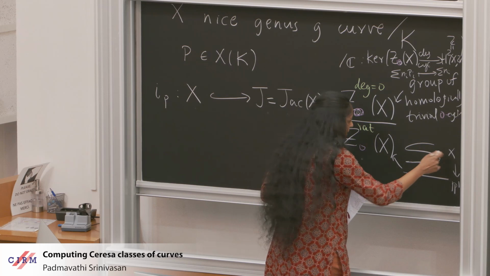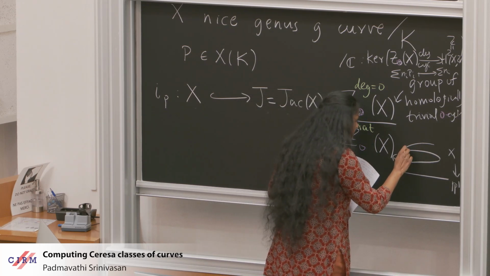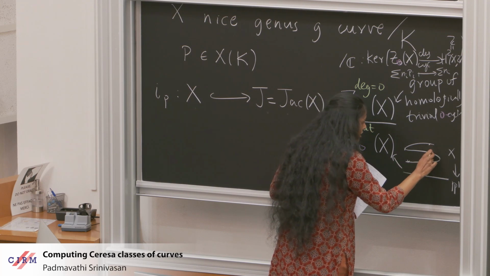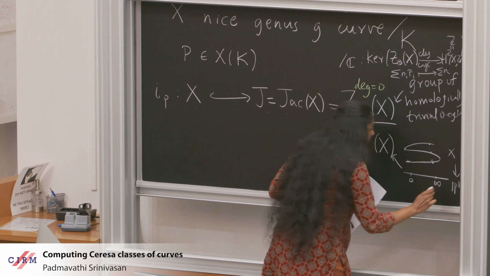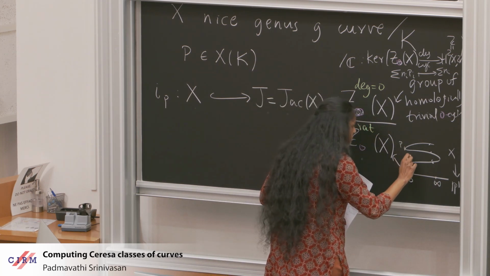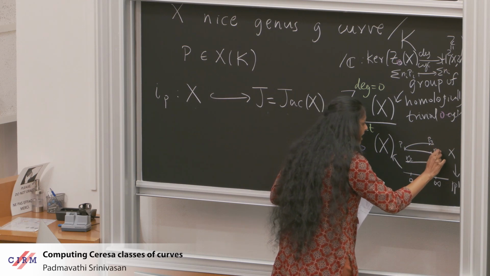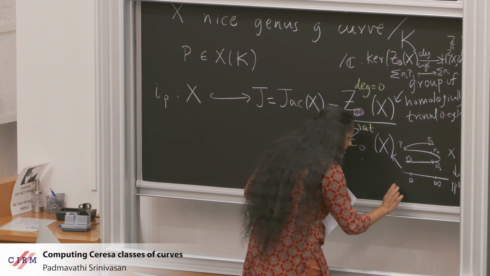So pick your favorite function from X to P1 and identify the fiber above 0 with the fiber above infinity, right? So this is P1, P2, P3, P4, P5. So this subgroup has classes that look like this.